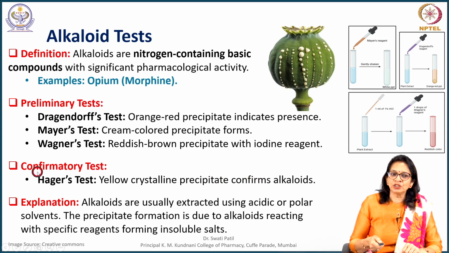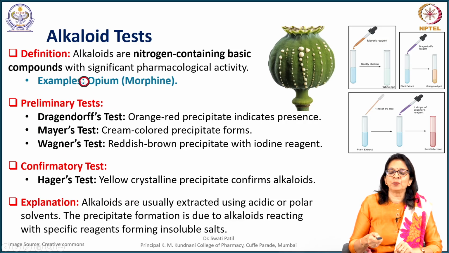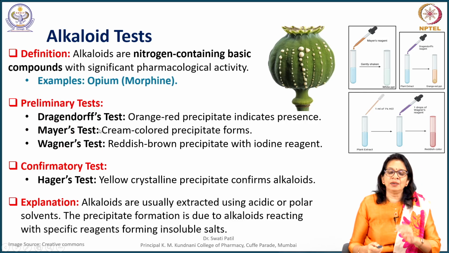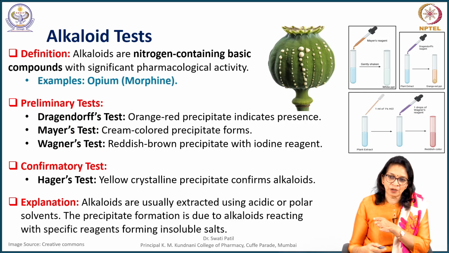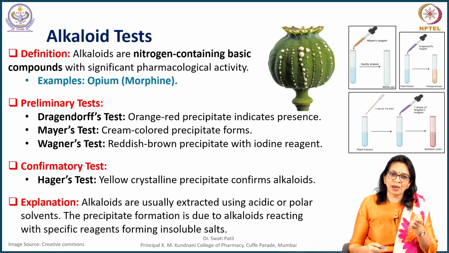However, these are just preliminary tests and will only tell us about the presence of alkaloids. Alkaloids again have different classes, and these will just give us a first idea whether alkaloids are present. Depending on the class of alkaloids, we have different tests. For example, the tropane class of alkaloids gives the Vitali-Morin test positive.